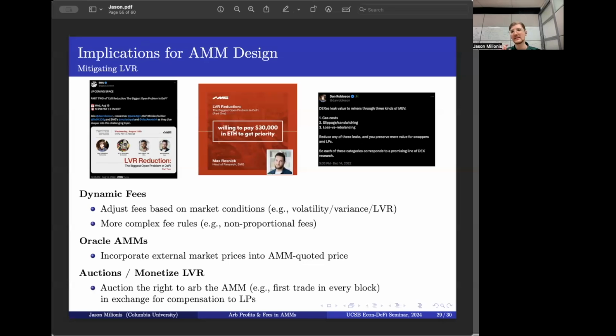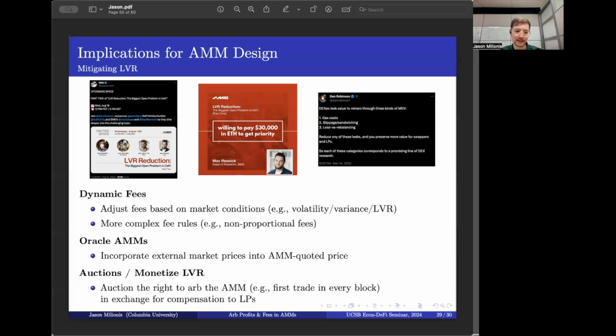Going in the same direction as dynamic fees, maybe you can institute more complex fee rules, such as non-uniformly proportional trading fees, to have a similar effect of reducing informational asymmetries. Another axis is that of Oracle AMMs, where you incorporate external market prices into the AMM quoted price.